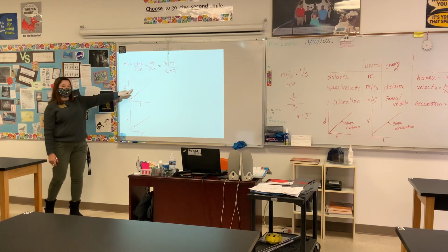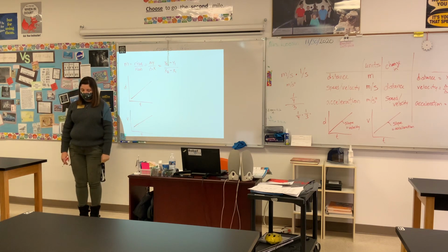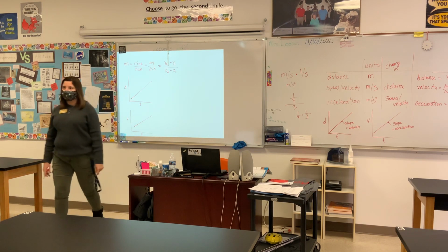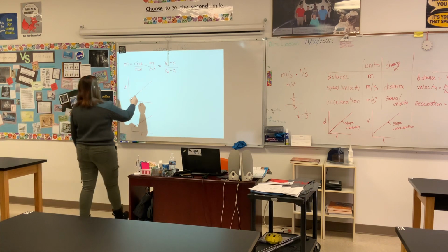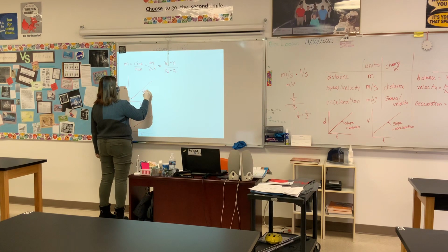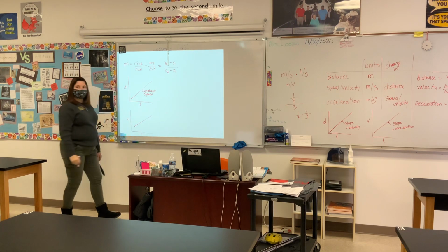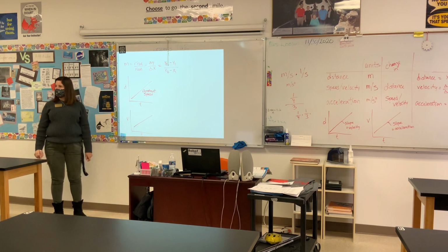Do you want to know what this looks like? A linear. This is me walking. Oh, so it's just straight? Well, we're covering the same distance in the same amount of time. This is a constant speed. Does that make sense?